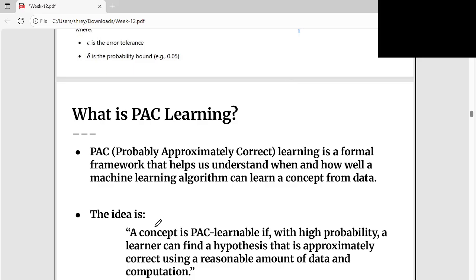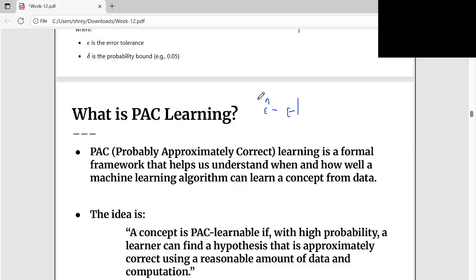So now there is a concept of PAC learning. PAC means probably approximately correct. So just think about this. Before this, we defined the formula in the form of E star minus epsilon.